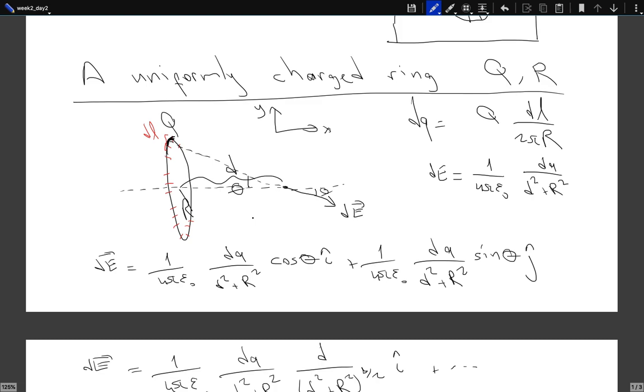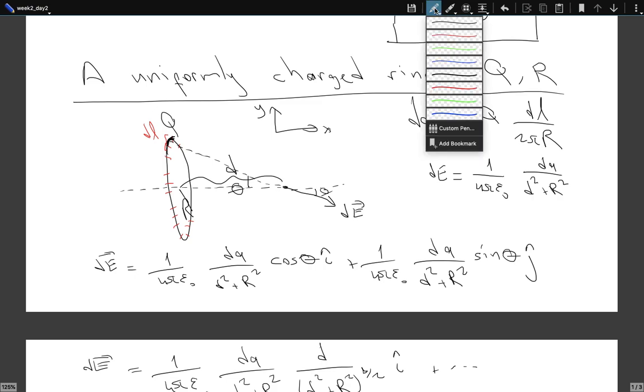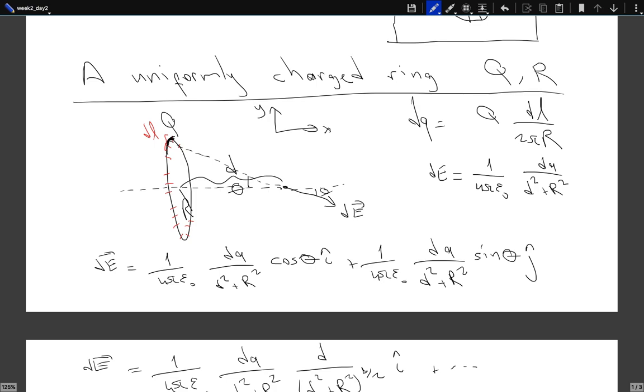Now, theta is the same for all the segments, and the cosine of theta is just given by this length. There I have this right triangle. That's my right triangle. This is nothing but the radius of the ring. This is my distance from the center, which is given to be d.